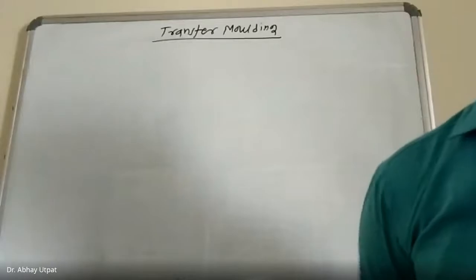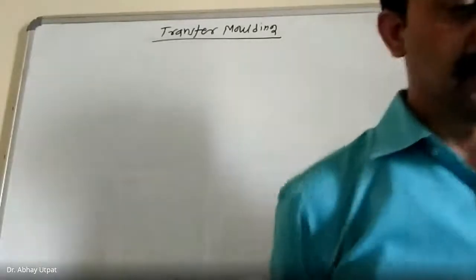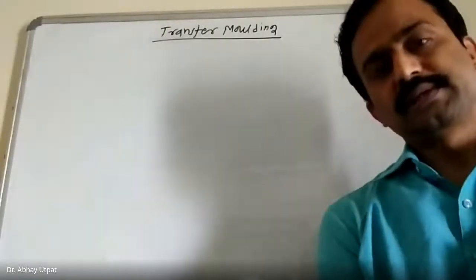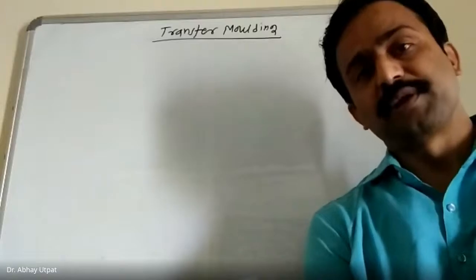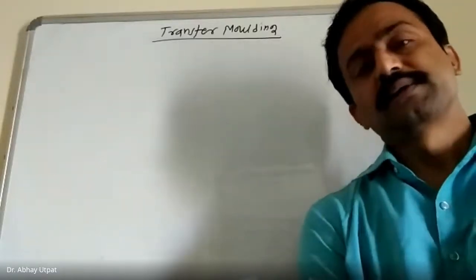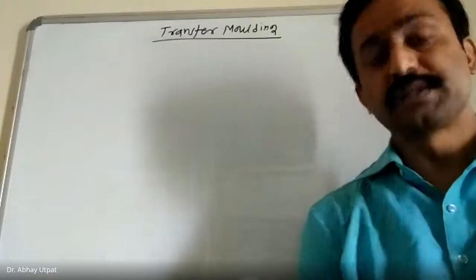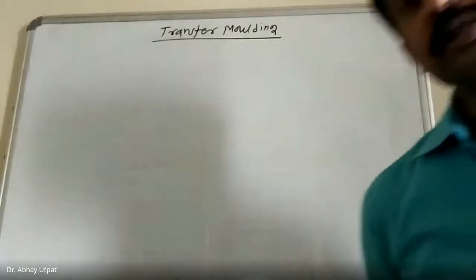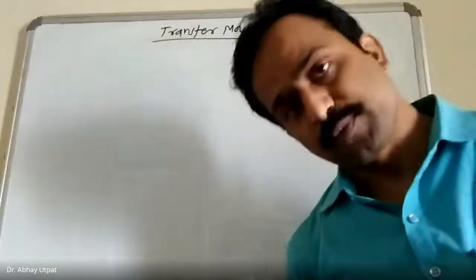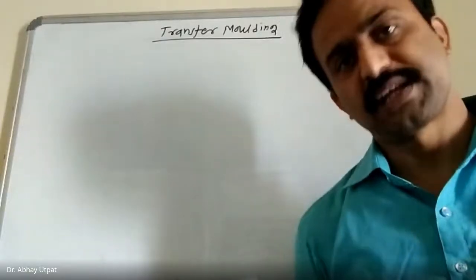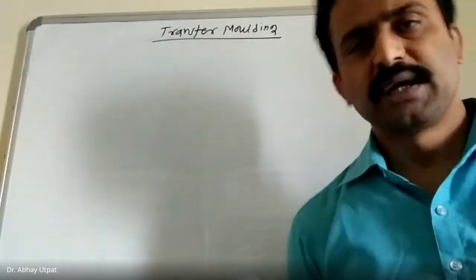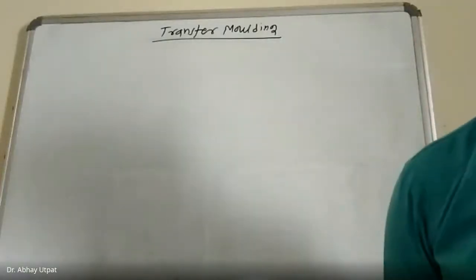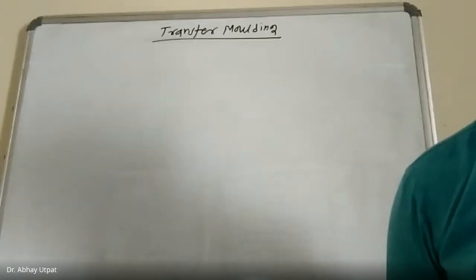Next line. In case of more complex parts, transfer molding is used. There are some limitations in compression molding for more complex parts. So if the part's complexity is more, along with the principle of compression, the transfer principle is added to compression molding, and hence it becomes transfer molding for complex components. Again, it uses the same materials, phenol formaldehyde and similar materials. Now write down the next line.